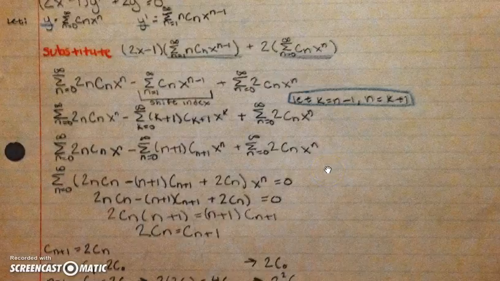With that, they all have the same summation, so you can pull that out in front, and they're all times x^n, so you can pull that out as well. What you're left with on the inside is 2n c_n minus (n+1) c_(n+1) plus 2 c_n.